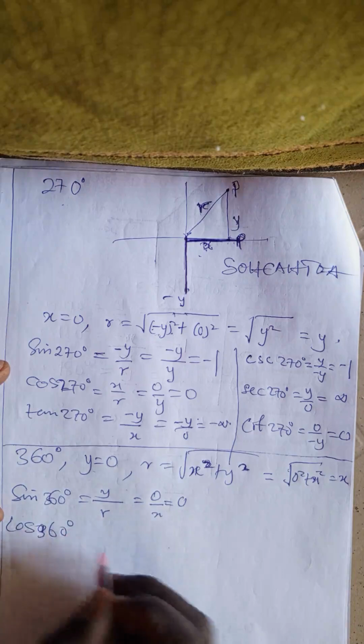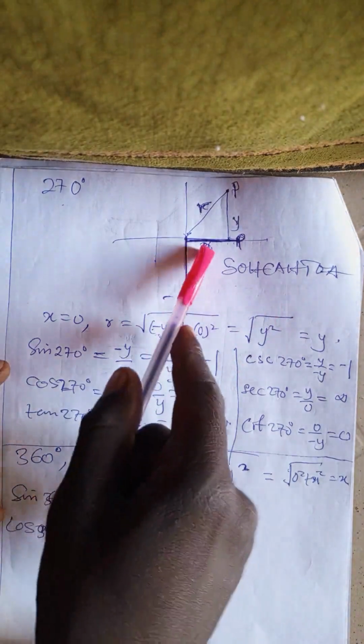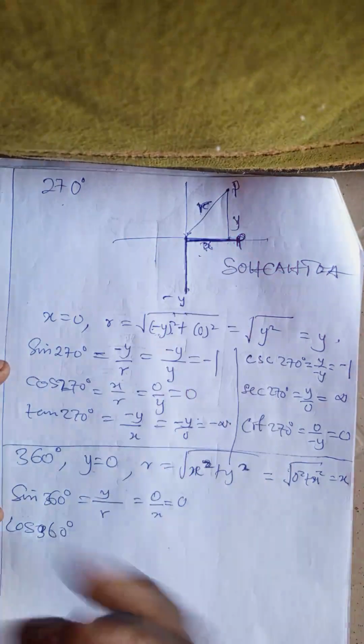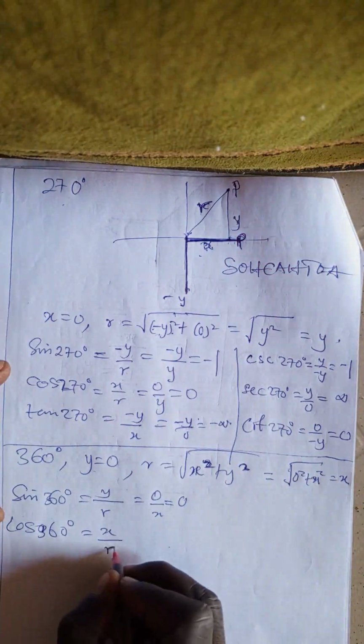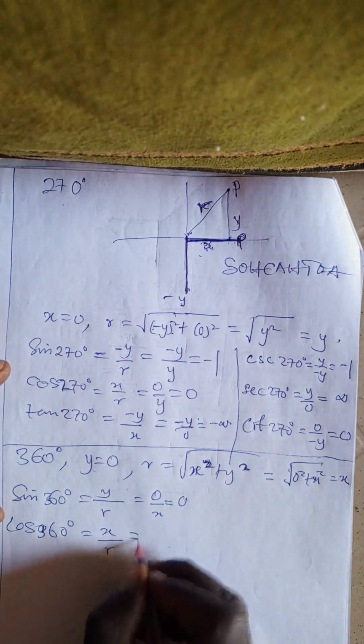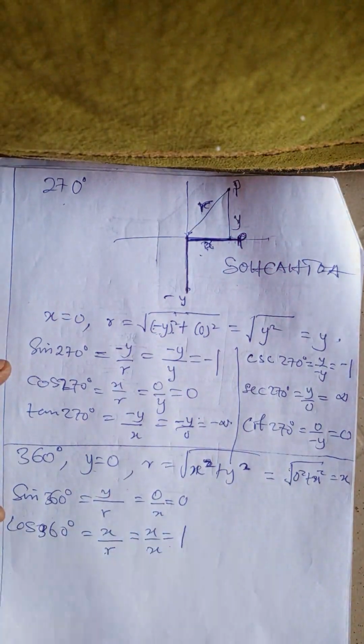We have the cos 360 degrees, but cos is adjacent over hypotenuse, so x over hypotenuse r, so this is equal to x over r. But what is r? r is the same thing as x, so we have x over x, and the answer is equal to 1.